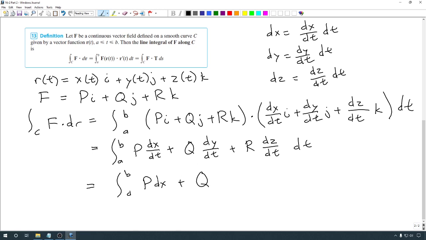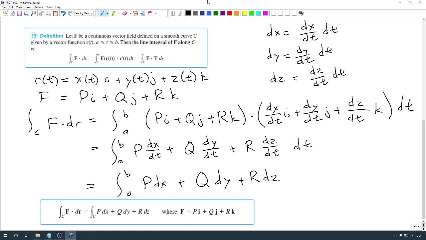So people like to write this as p dx plus q dy plus r dz. And that's exactly what they have in this box for us, though I guess they changed back from a to b to going over the curve c.